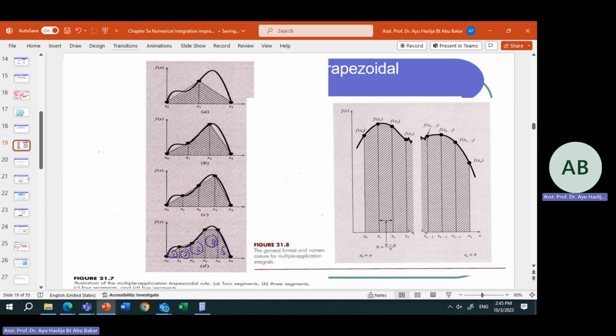If two segment, can see here the error. Okay, the difference. So it reduces with increasing area. Okay, this one we focus on trapezoid only. Single trapezoid and multiple trapezoid.